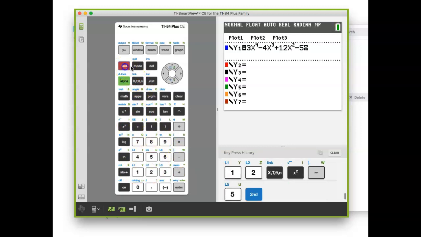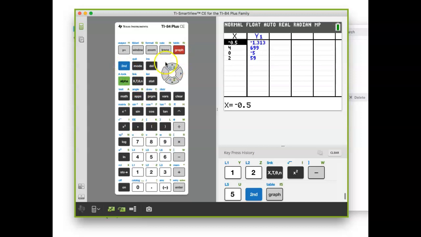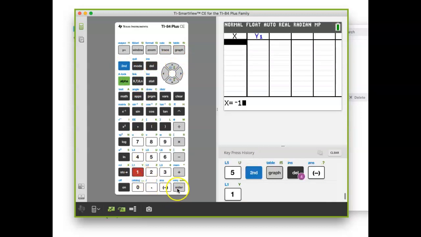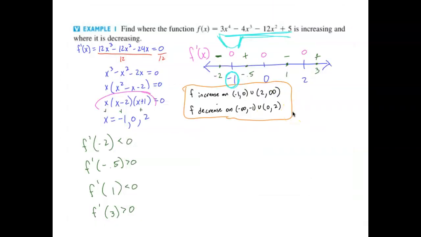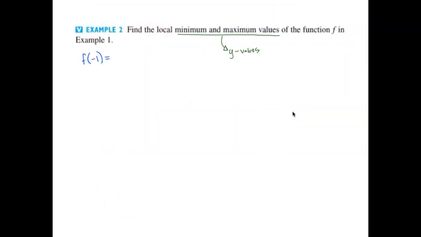And then I'll just use my table to evaluate what's going on at -1. All right, so my y value is 14. All right, so that is a local min.